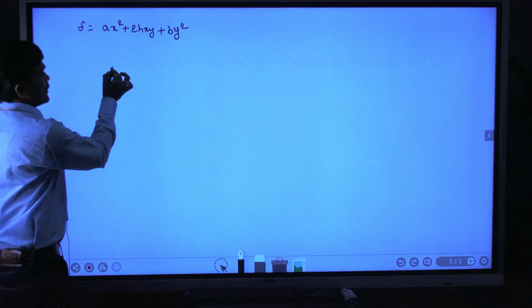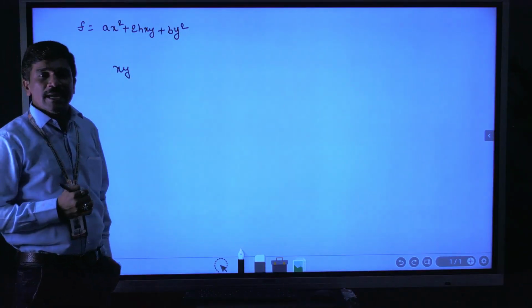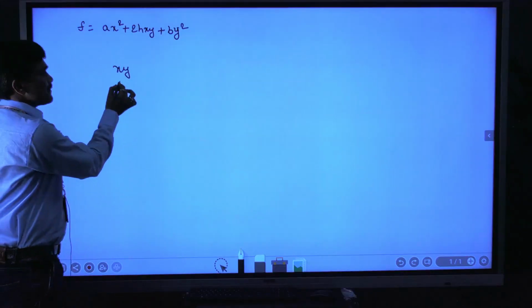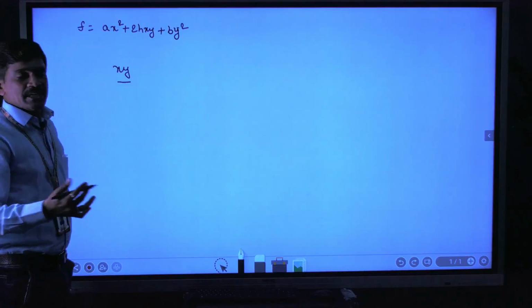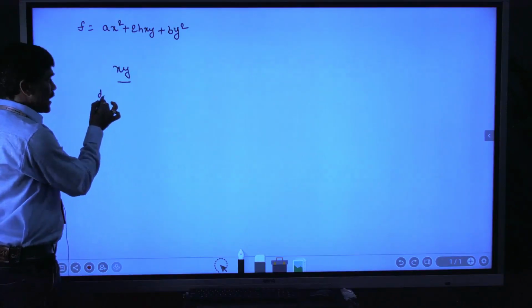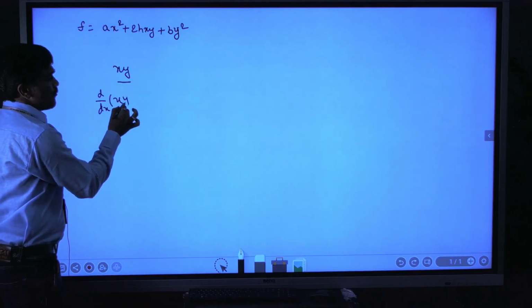For example, here the function is xy. Now, what is the ordinary derivative with respect to x of this function? It is d by dx of x into y.